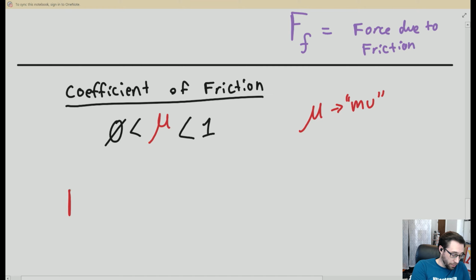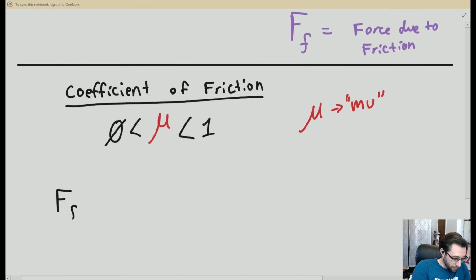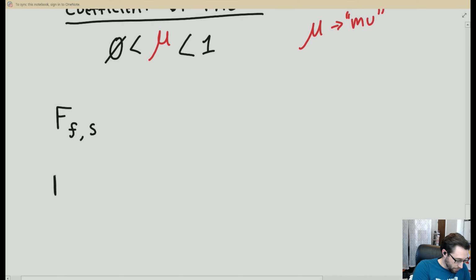There's going to be the force due to friction with the subscript of S, and then with the subscript of K. So does anybody want to take a stab at what those represent?